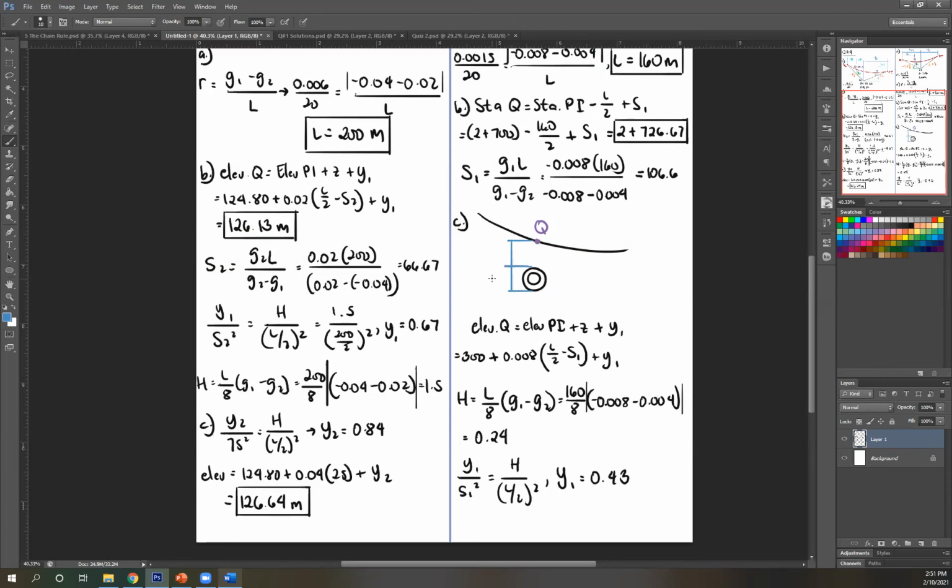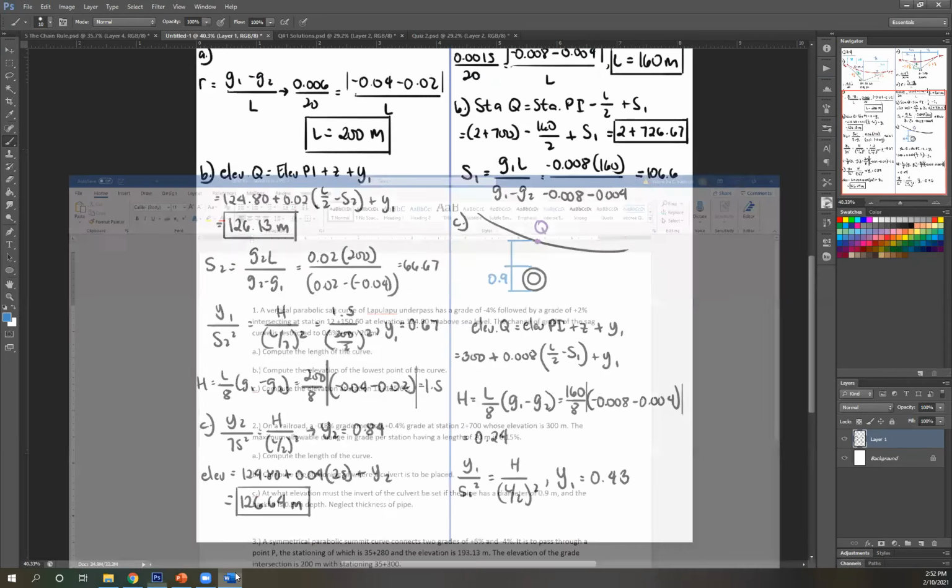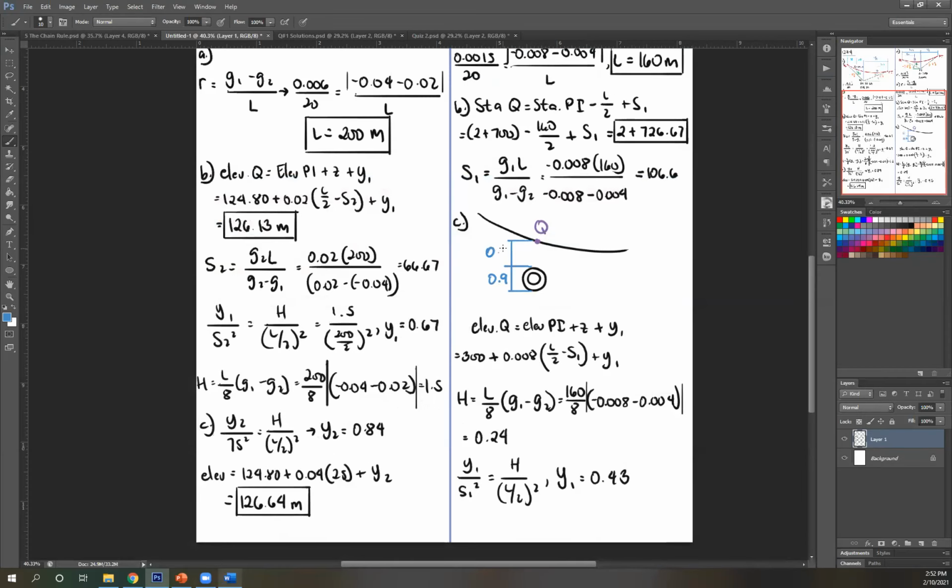Diameter 0.9. What else? Backfill is 0.3. So I want to know the elevation of this. So it's this point.